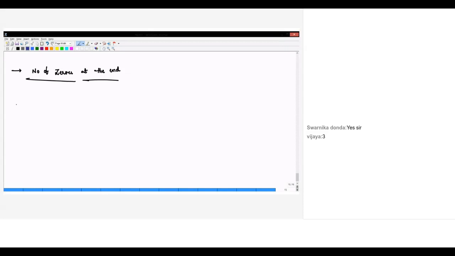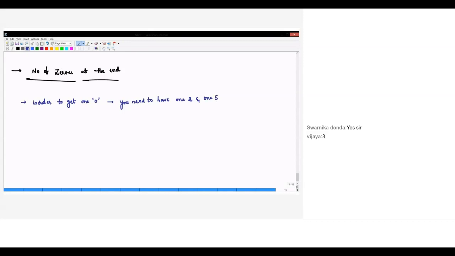See, in order to get 10, you need to multiply, or else you need to have one 2 and one 5.